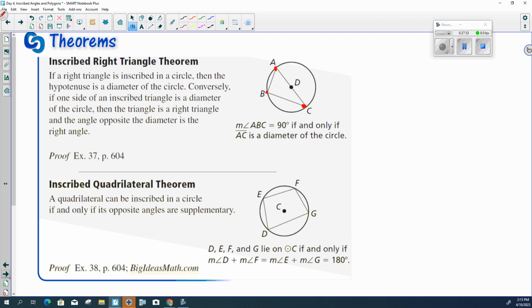If a right triangle is inscribed in a circle, so we have to know this is a right angle, we know that, then the diameter is the hypotenuse. Or you can go backwards. If there's a triangle that's inscribed and one of its sides is a diameter, we can conclude it's a right triangle. It can go either way. Know the 90, it's a diameter. Know it's a diameter, conclude the 90.